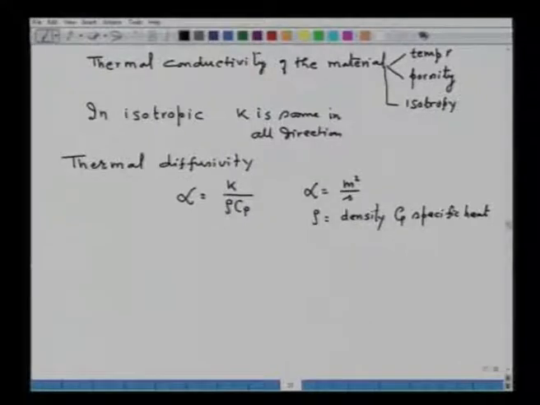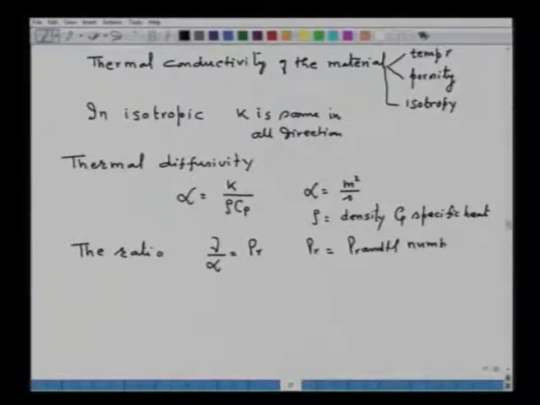Also, one number is important, the ratio of kinematic viscosity upon thermal diffusivity, that is called Pr, where Pr is the Prandtl number. The kinematic viscosity is equal to mu upon rho.